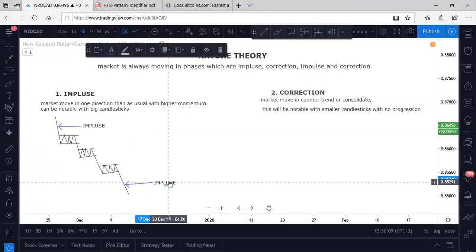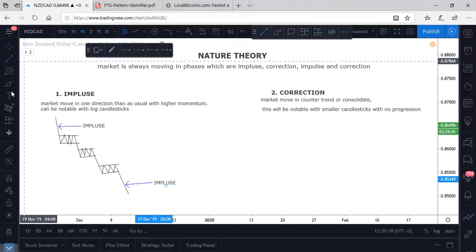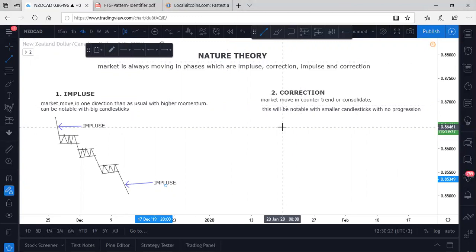I think that it is easy to identify them. And let us see about correction. So corrections are like this, guys.